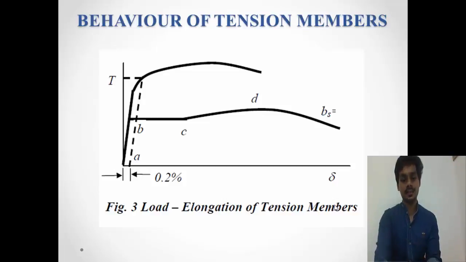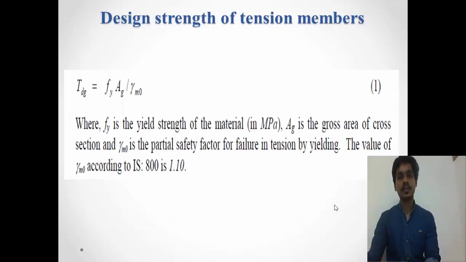Design strength of a tension member. Although a steel tension member can sustain load up to the ultimate load without failure, the elongation of the member at this load would be nearly 10 to 15% of the original length, and the structure supported by the member would become unserviceable.